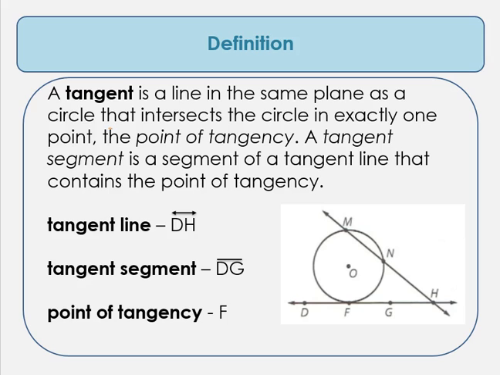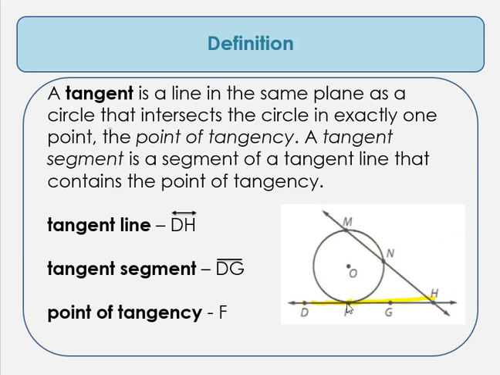What we're interested in this lesson is line DH, which is this line right here. And DH intersects the circle at point F. We call this the point of tangency.